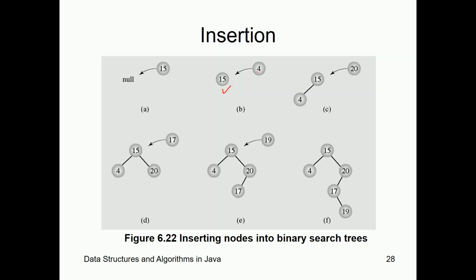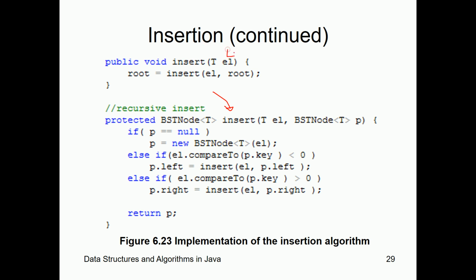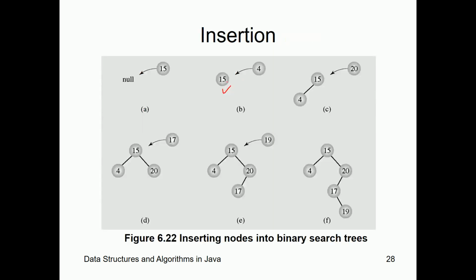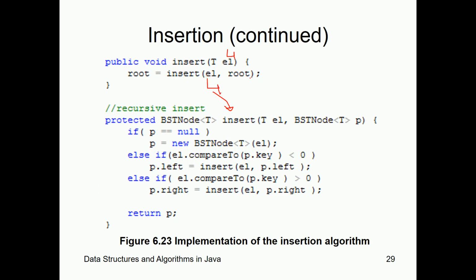Now let's insert 4, after we know that our root has 15. Now when we insert 4, the root is 15. So I'm going to call 4 with the root, which is going to call this one. Now the root is p. Is p equal to null? No. I'm going to go here and compare el, this object that has 4, to the key or the info of this node 15.